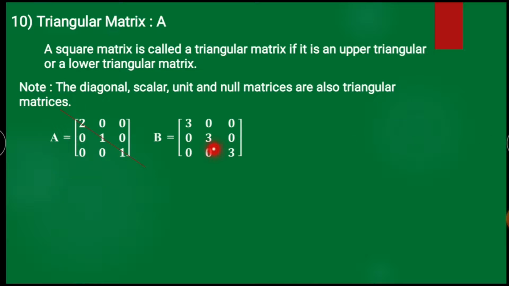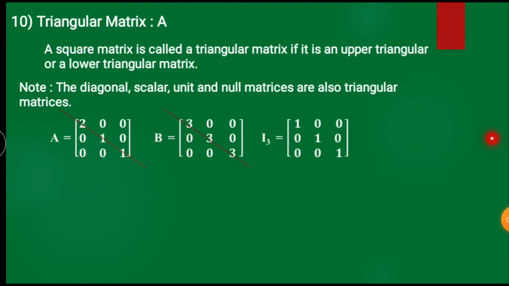Matrix P, this is a scalar matrix. So this is also an upper as well as a lower triangular matrix because the elements above the diagonal as well as the elements below the diagonal are all 0. The next example is the identity matrix of order 3 by 3. Here we consider diagonal elements 1, 1, 1.